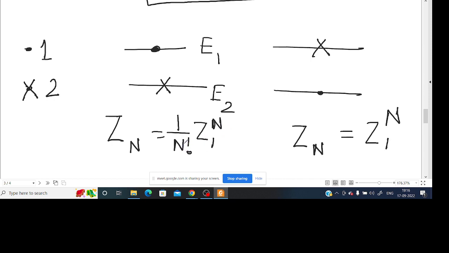I have explained this 1 by n factorial in the previous class. If you want me to explain it again, we can do that in the next to next class. Next class we will discuss Maxwell's velocity distribution and other things, phase equilibrium, and so on.